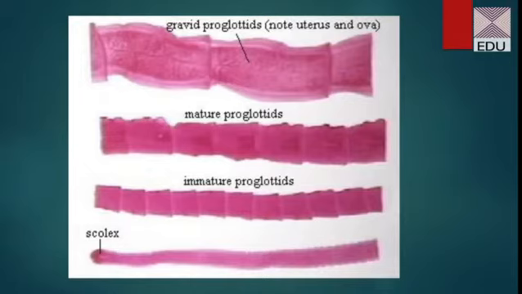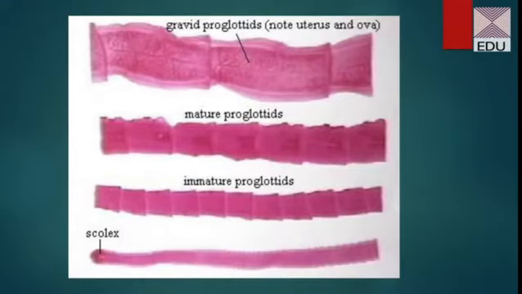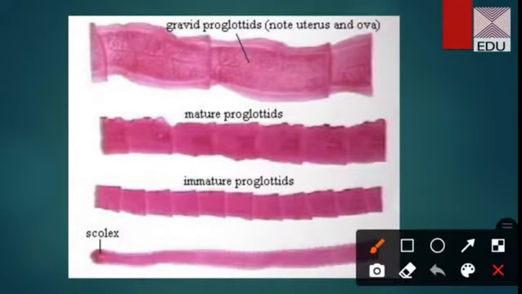Mature proglottids are squarish in nature. So if I draw one immature proglottid, it will be broader than long.